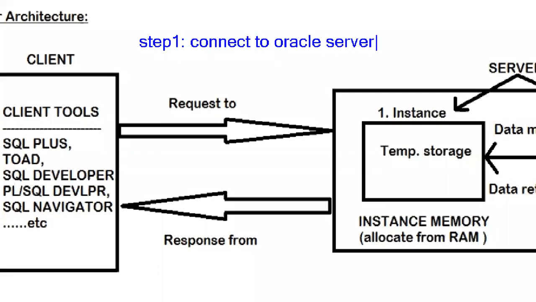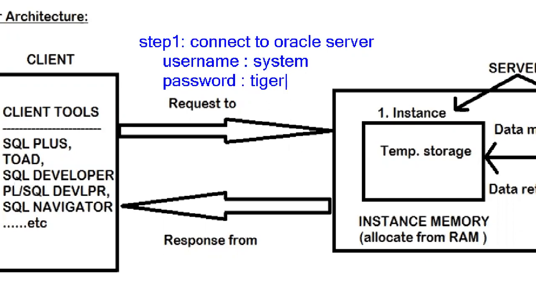Here, how can I connect? In the first step we require a username and password. What is my username at the initial level? I'm not creating my own password, but initially the username is System. And what is the password? Tiger. Tiger was already given at what level?